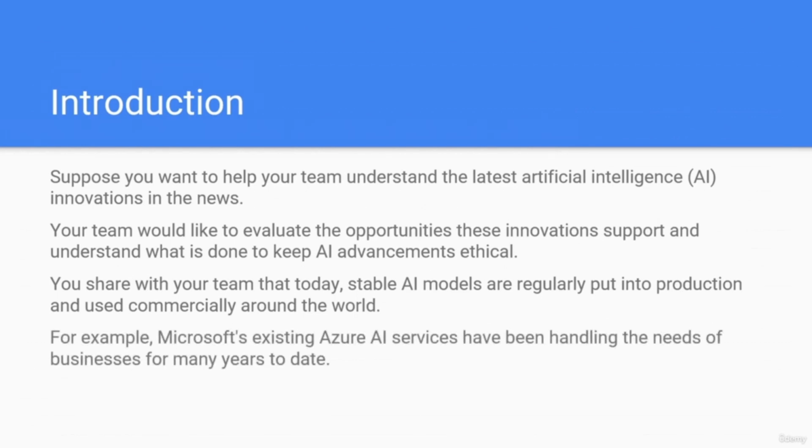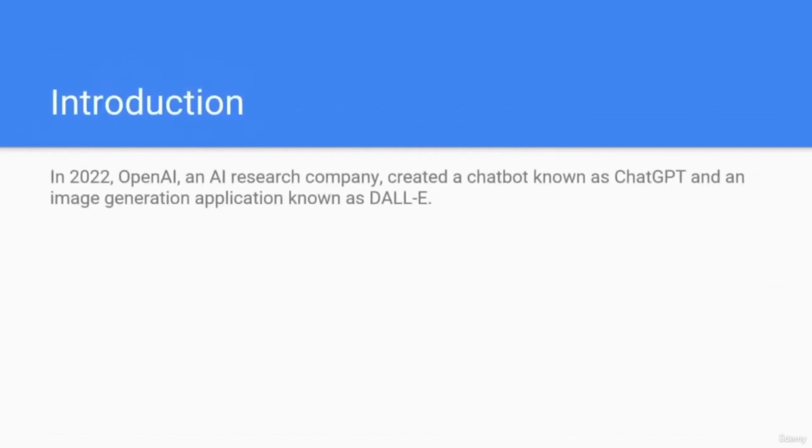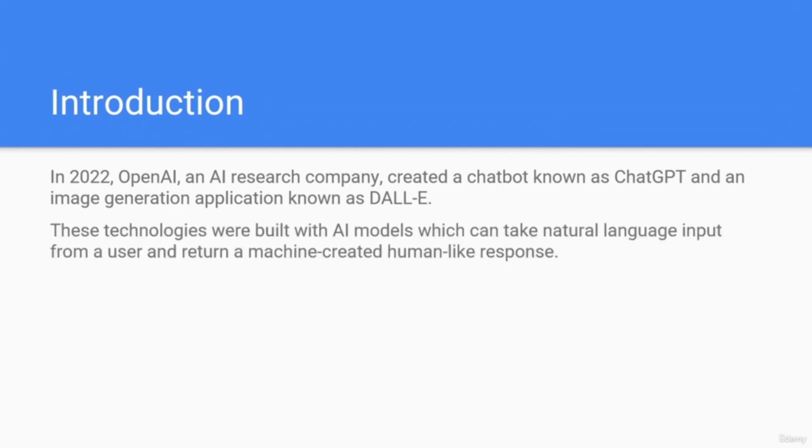For example, Microsoft's existing Azure AI services have been handling the needs of businesses for many years to date. Now, in 2022, OpenAI, an AI research company, created a chatbot known as ChatGPT and an image generation application known as DALL-E. These technologies were built with AI models which can take natural language input from a user and return a machine-created, human-like response.